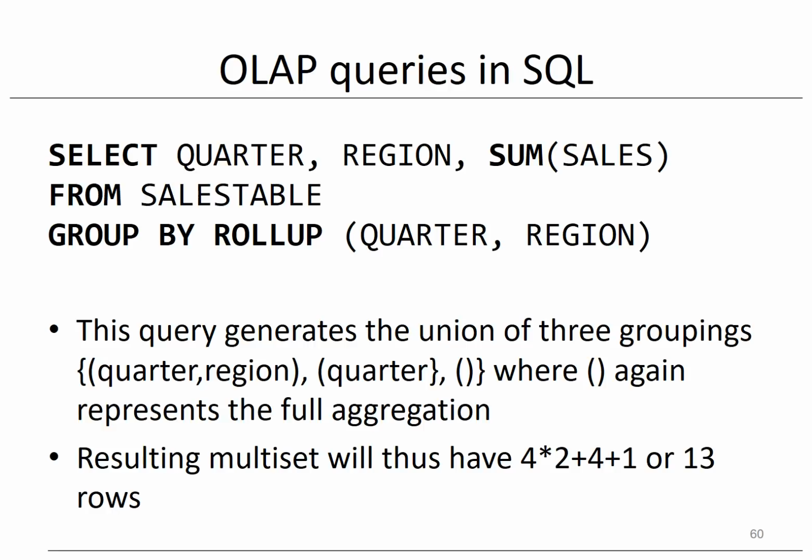Consider the following SQL query at the top of my slide. This query generates the union of 3 groupings: quarter and region, quarter, and the full aggregation. The resulting multiset will thus have 4 times 2 plus 4 plus 1 or 13 rows.